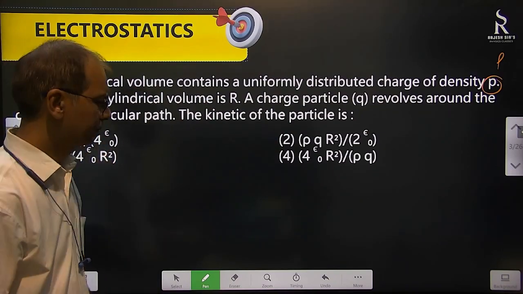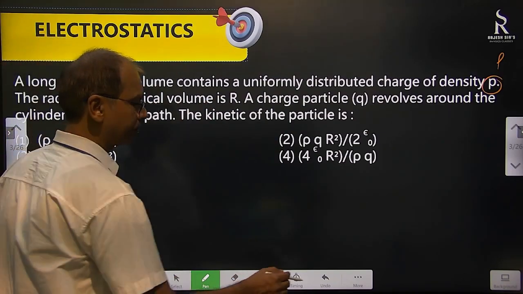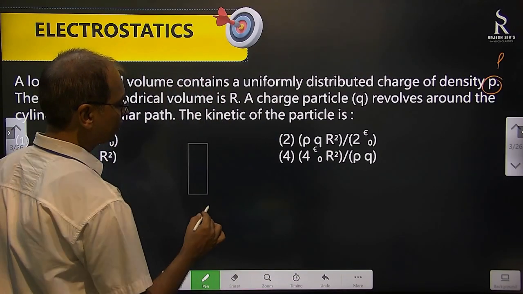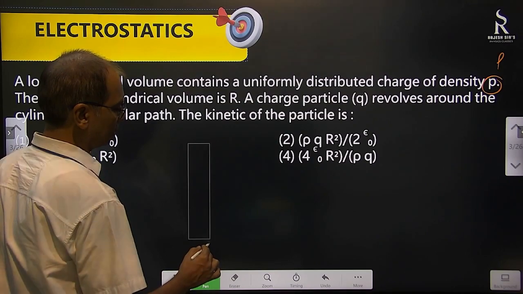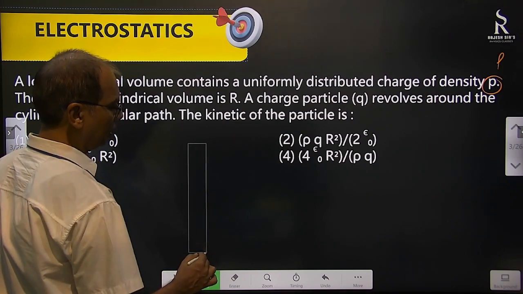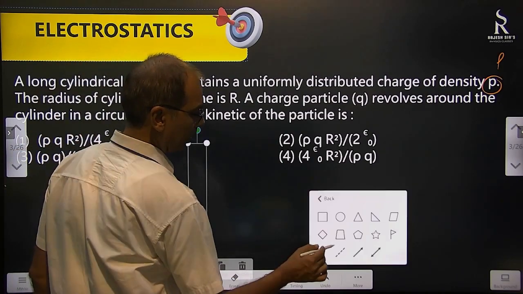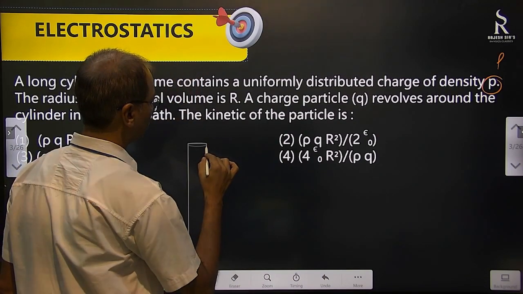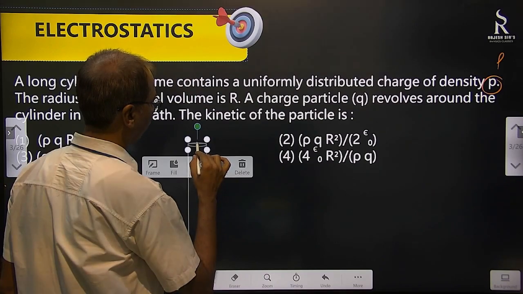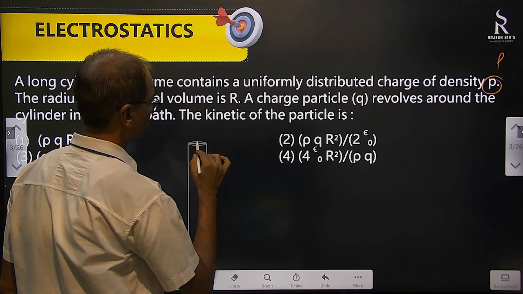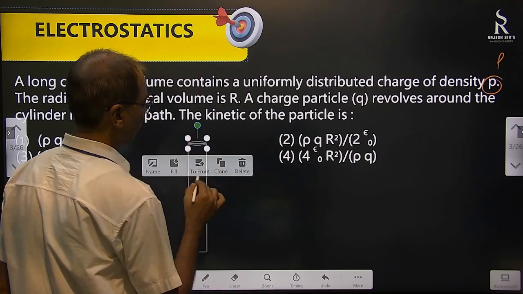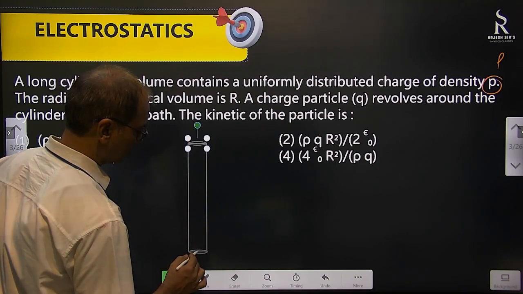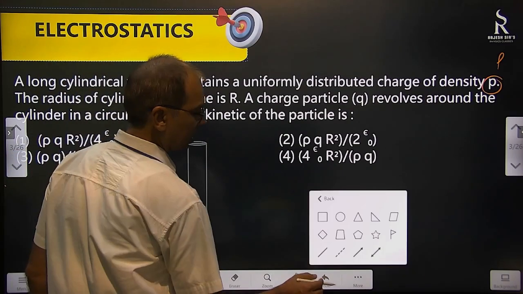And how to do it? Nothing, simple, same way. The only thing is we have to take care of this volumetric charge density. So suppose that this is our cylinder, and take its axis.